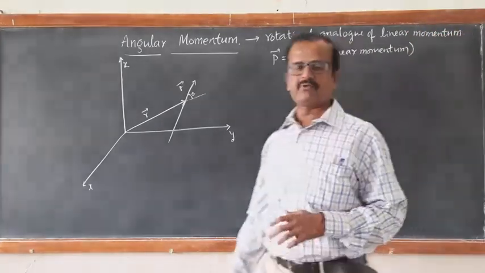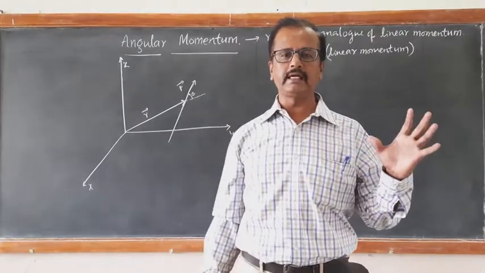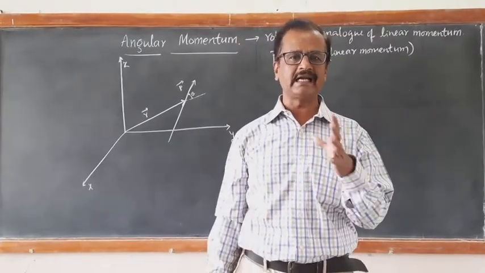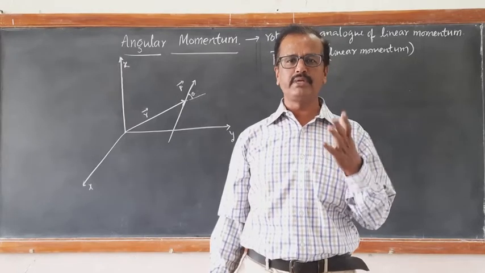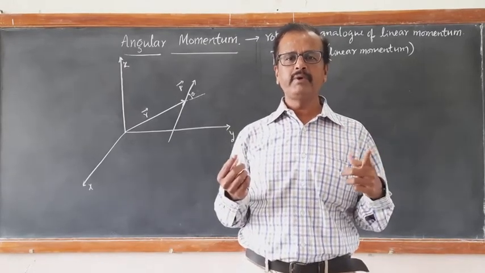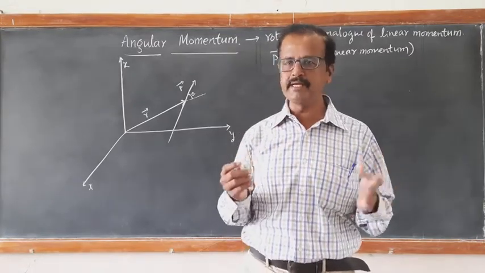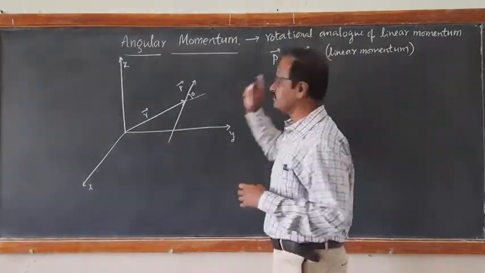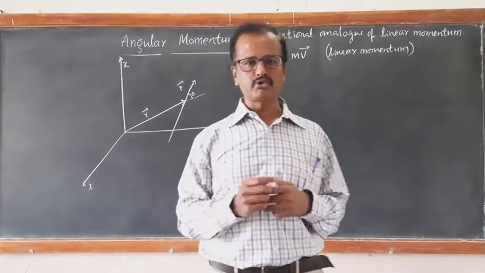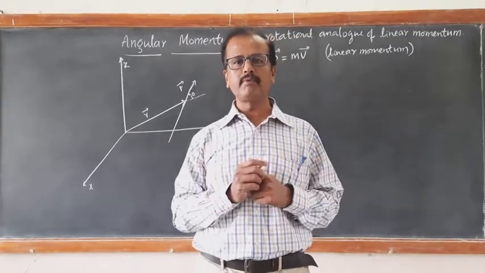As we speak of linear momentum for a particle of mass m moving along a straight line, in the same way we speak of angular momentum when the particle is undergoing rotational motion. That is the meaning of rotational analog of linear momentum.